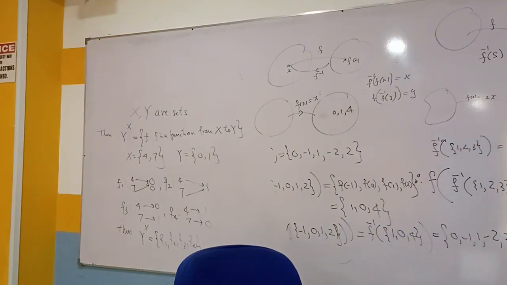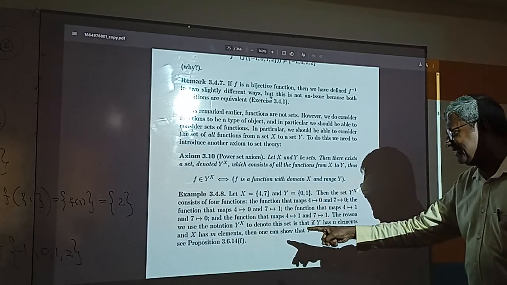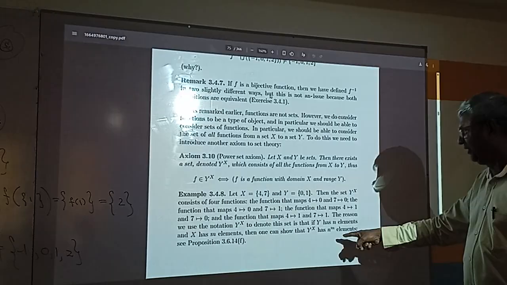We have some more examples. The reason we use the notation Y to the X to denote this set is that if Y has n elements and X has m elements, then one can show that Y to the X has n to the m elements.